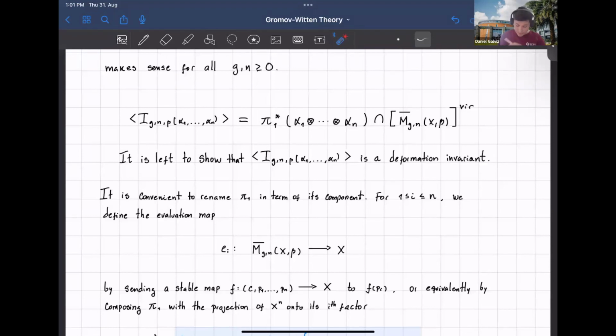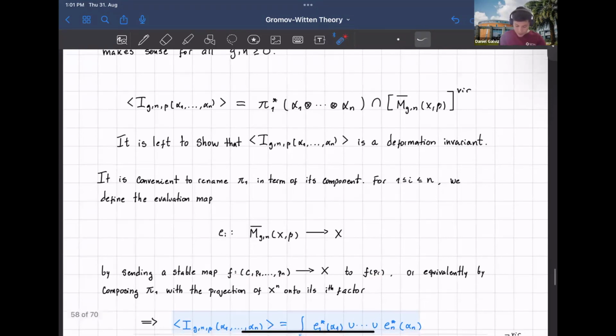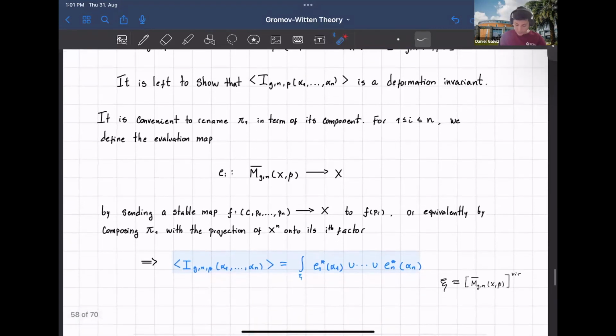All these maps that I'm defining send this stable map of the curve with n marking points to X, composing with the projection. We have this definition, and the other way to define the Gromov-Witten invariant is with these evaluation maps.